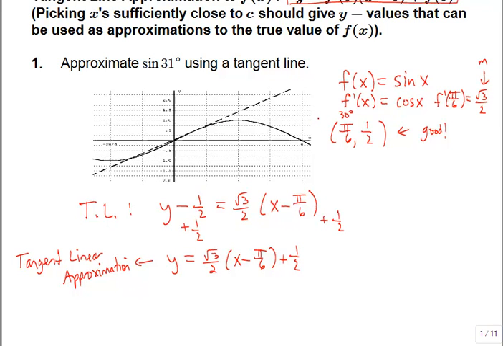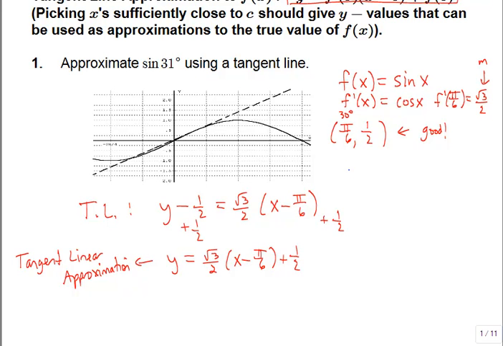So what are we going to be looking at? What point are we interested in? We're interested in finding out what 31 degrees is. So what we're going to do is use 31 degrees in this equation. But because I used radians over here, I need to convert 31 degrees to its radian form as well. You want to be consistent with your units.